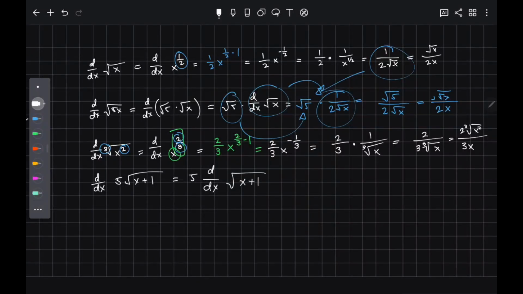And since this is a square root, or aka raised to 1/2, we could rewrite that as 5 times the derivative of x plus 1 quantity raised to 1/2. So let's try to use power rule here. Okay, so let's copy that.